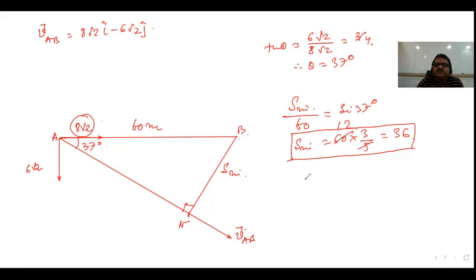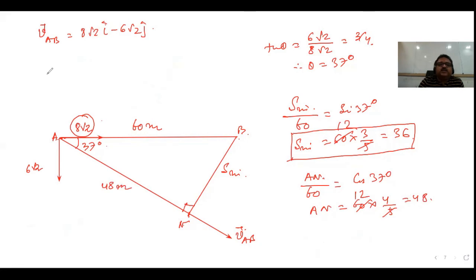Base by hypotenuse means AN by 60 equals cosine of 37 degree, therefore AN equals 60 times 4 by 5, that is 48. The magnitude of velocity of A related to B will be root over of (8 root 2) whole square plus (6 root 2) whole square.